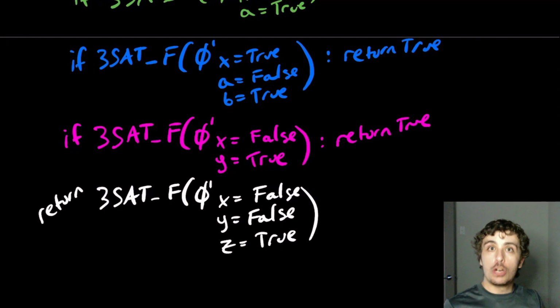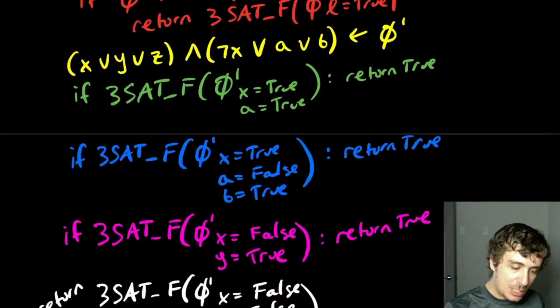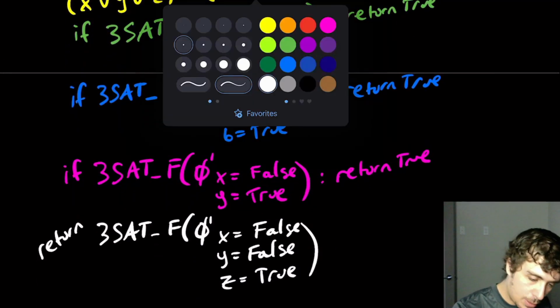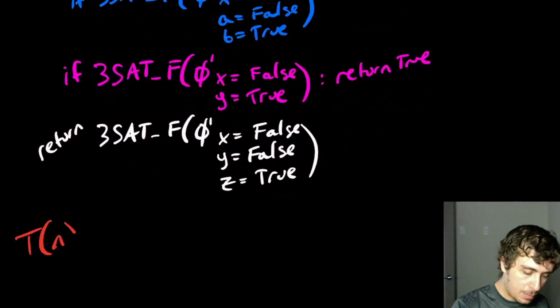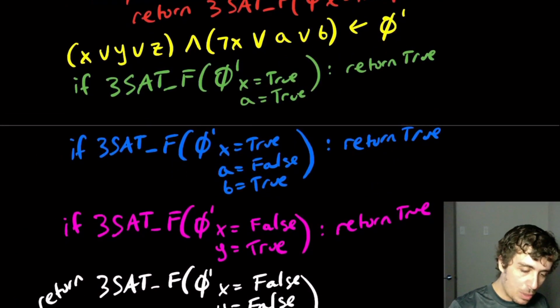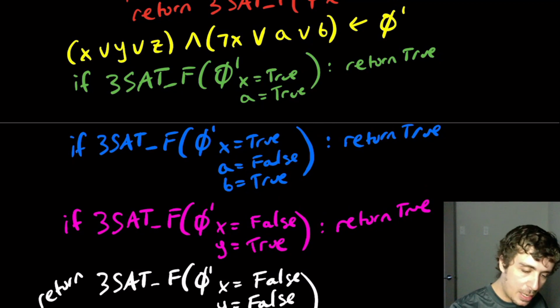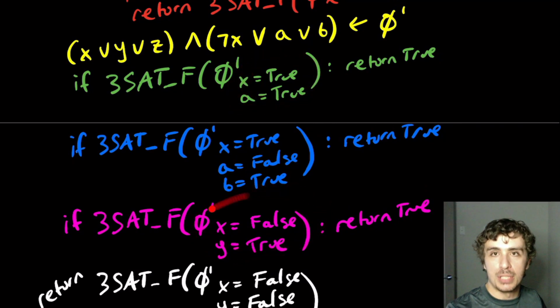Okay. So what is the runtime of this? Well, let's try to analyze the recursive cases. So T of n is going to be, let's see, this one right here has 2 variables that are fixed, and this one has 2 variables that are fixed.